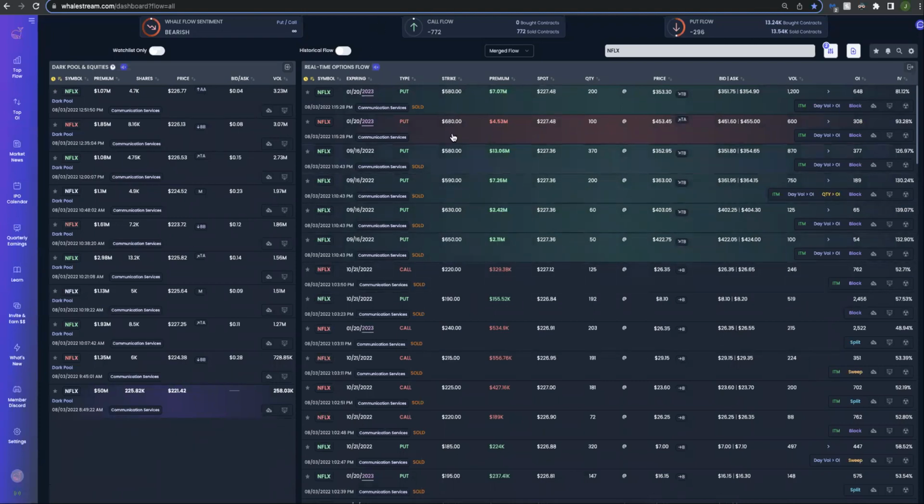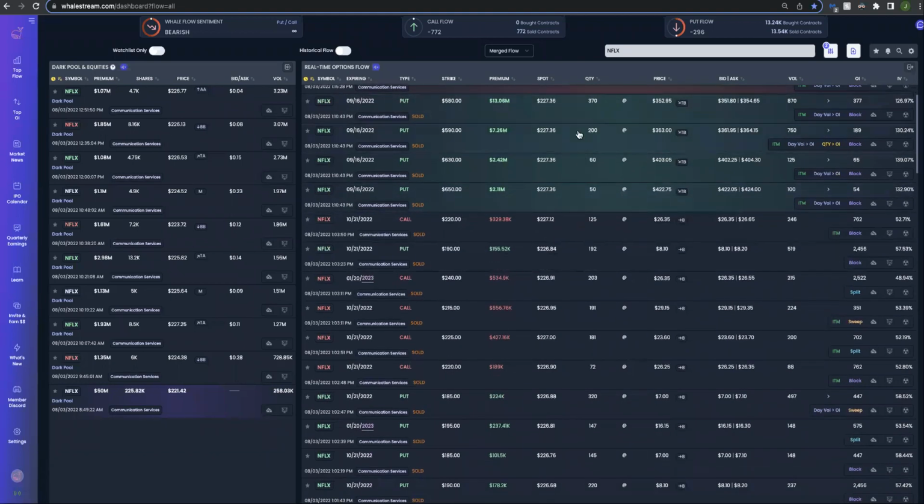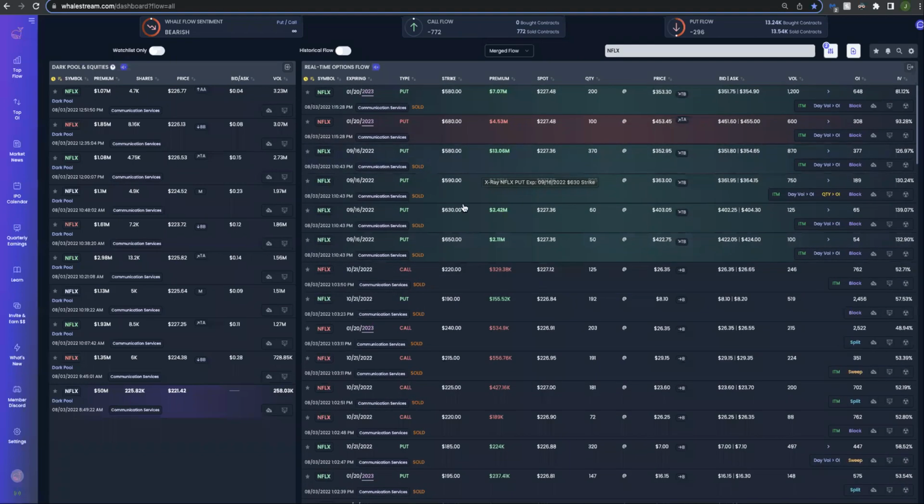There's sold puts happening. So the thing with sold options is it can be people just taking their profit. Maybe they entered earlier in the day, now they're selling because they're green, or it could be someone selling to open. So it's always worth considering all sides, because you have to make a lot of your own internal assessments and judgments when looking at this data.